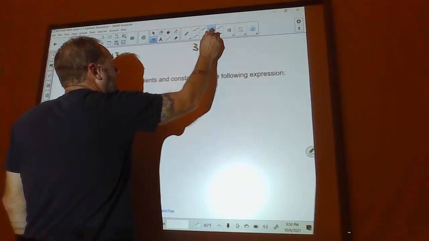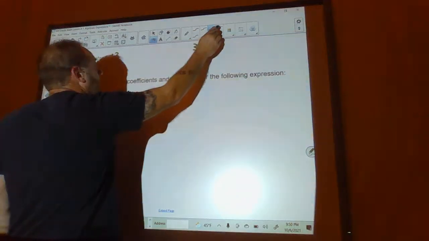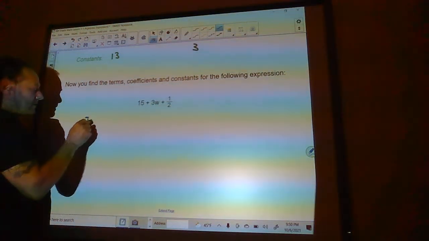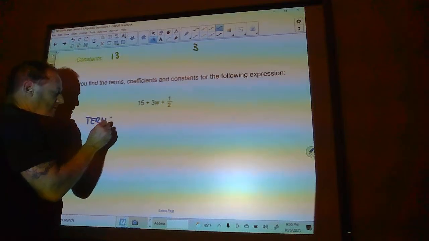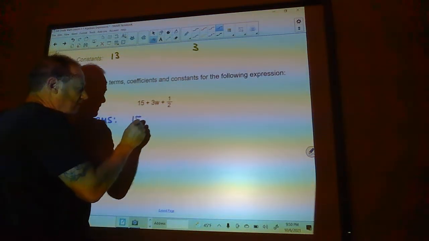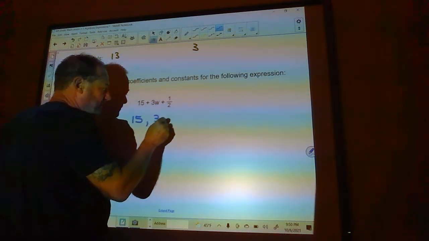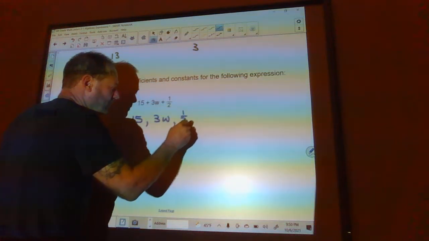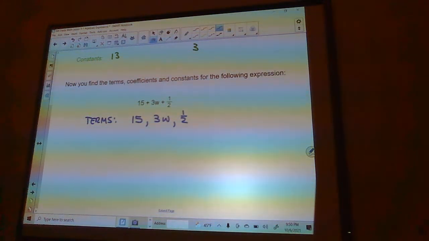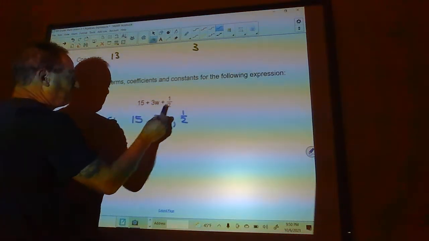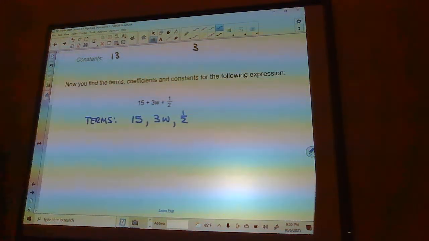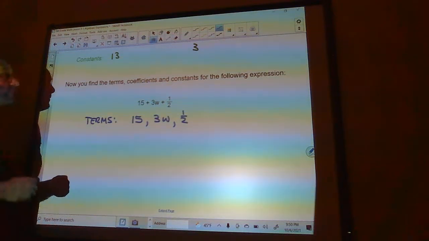Okay, this thing has three terms: 15, 3w, and 1/2. Now I can combine the like terms. The like terms would be the 15 and the 1/2. So I can combine those.